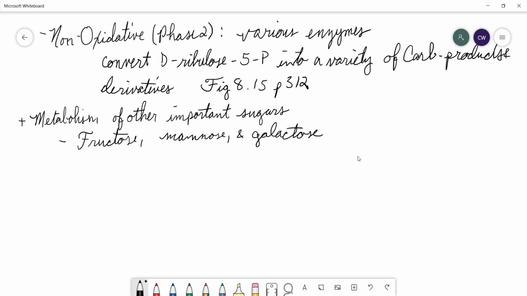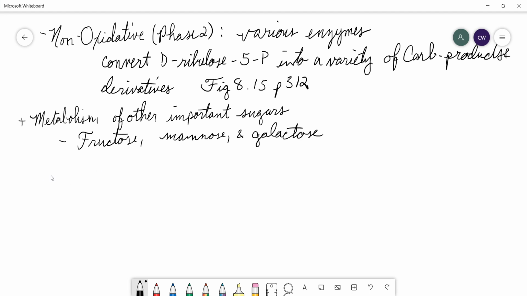Recall that galactose plus glucose is lactose, which we get from milk. Mannose is a polyglucose structure, and fructose plus glucose in a particular configuration is table sugar. Fructose is also found in a lot of fruits, and it is found in honey.